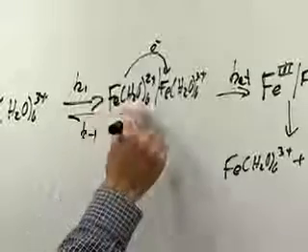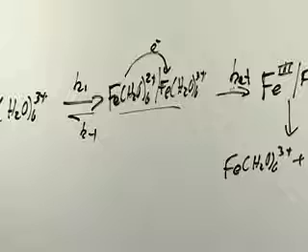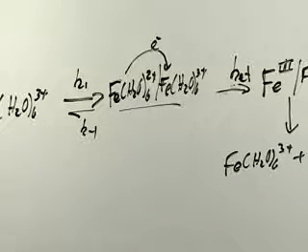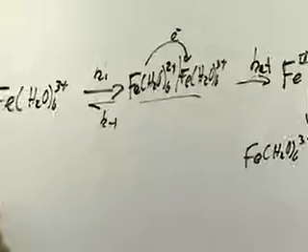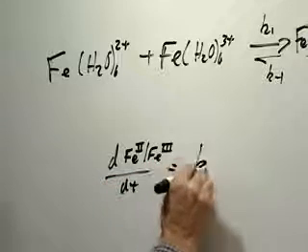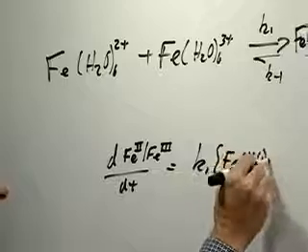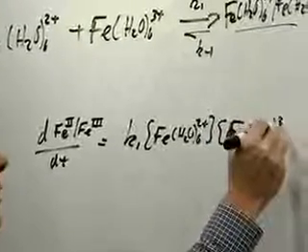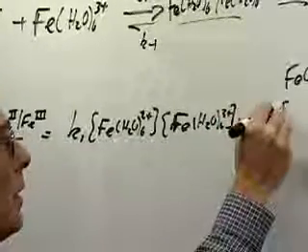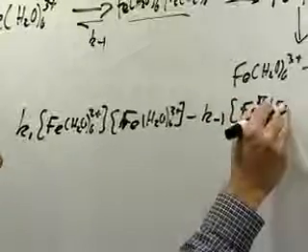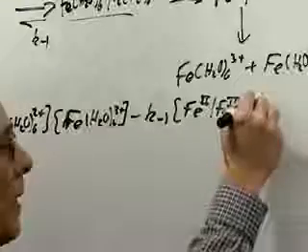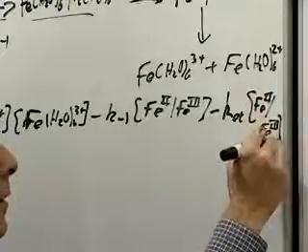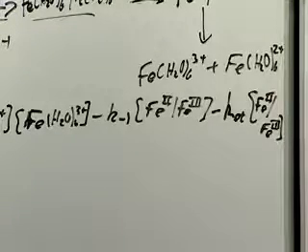I'll calculate the steady state of the Fe2, Fe3 precursor. So d[Fe2,Fe3]/dt is going to be K1 times [Fe(H2O)6 2+][Fe(H2O)6 3+] minus K minus 1 times [Fe2,Fe3] minus KET times [Fe2,Fe3]. Okay? And I can set that equal to 0.